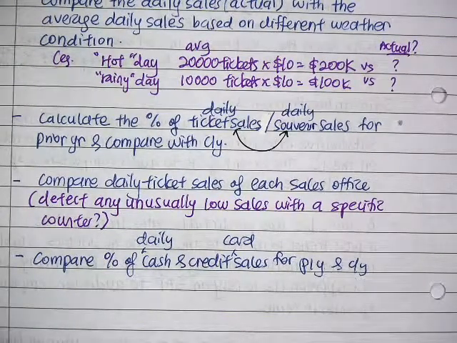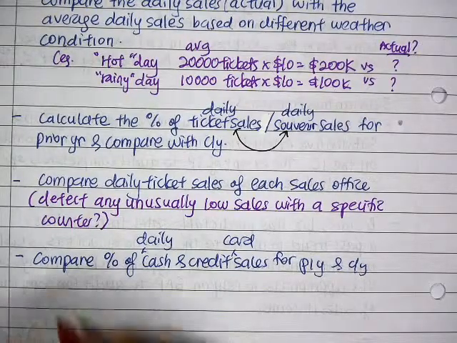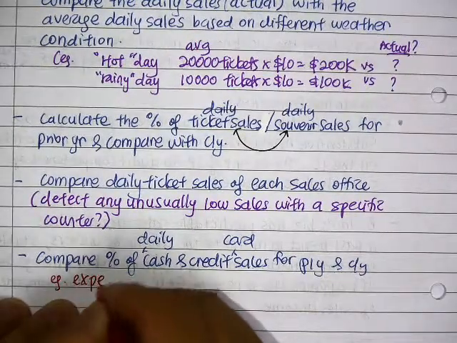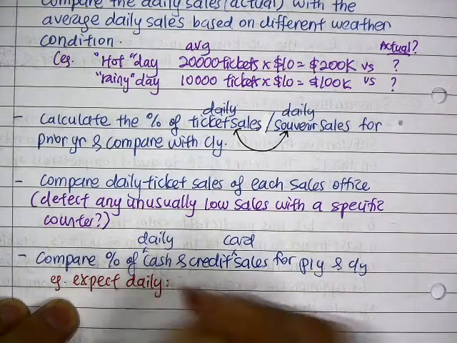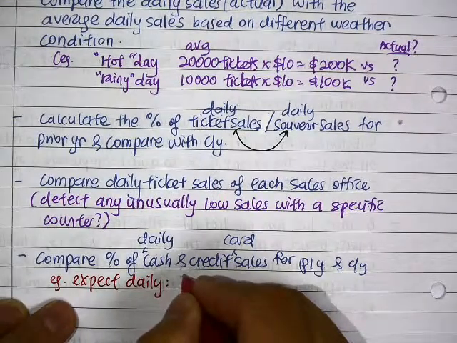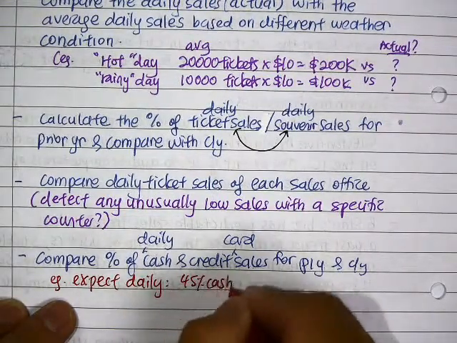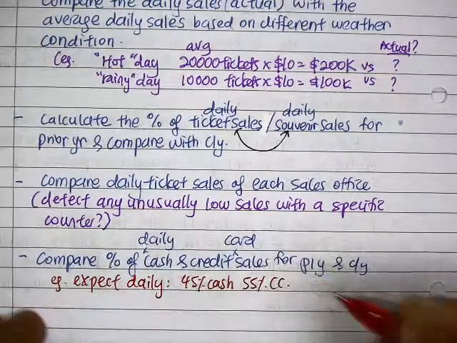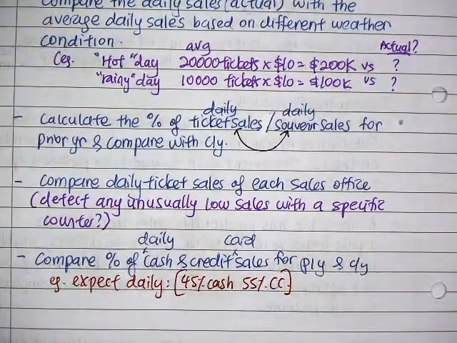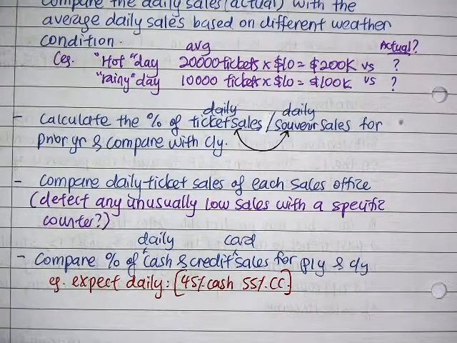Example, we expect that daily there's about 45% cash, 55% credit card. So if one particular day the credit card sales are much higher than the cash, that could be indicating that on that particular day the staff is taking away the money. So that's why you see an uneven fluctuation over here.